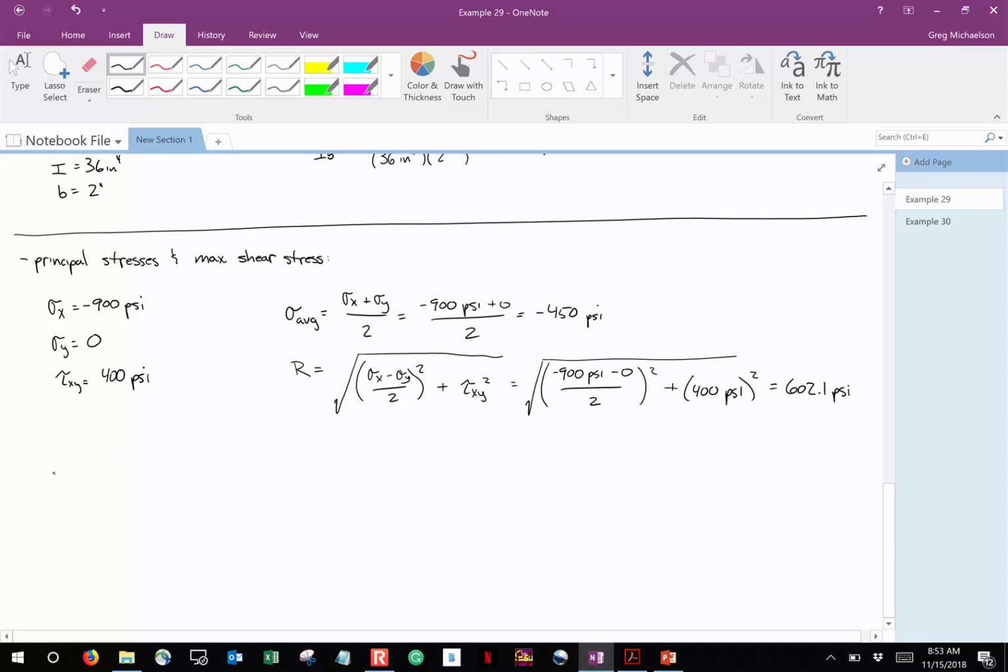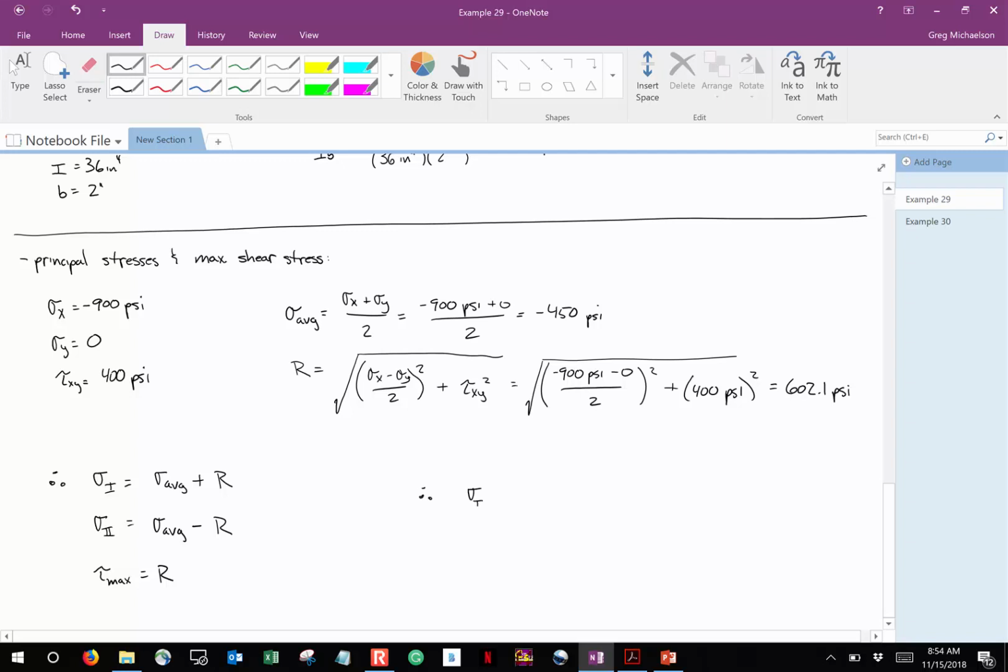So therefore, we can compute our principal stresses and maximum shear stress really easily. We know that sigma 1 is sigma average plus r. We know that sigma 2 is sigma average minus r. And we know that tau max is just r. So I think you can do that pretty easily, and I'm just going to summarize that over here.